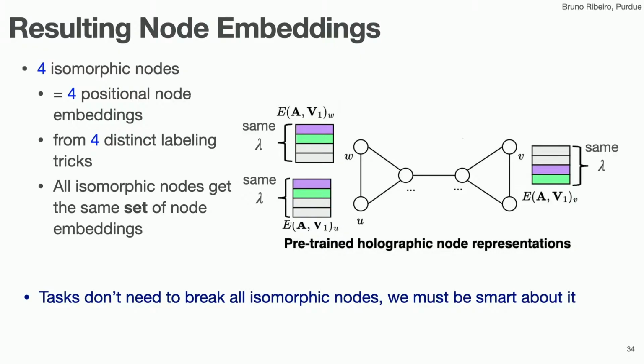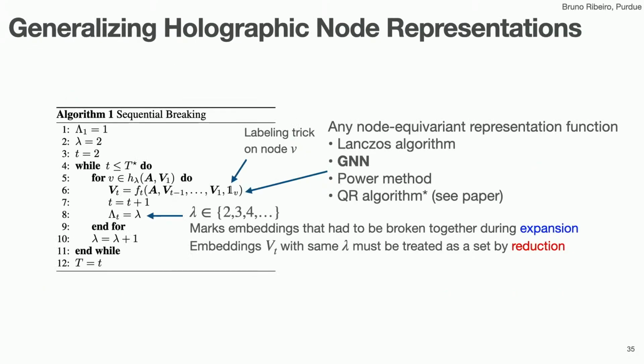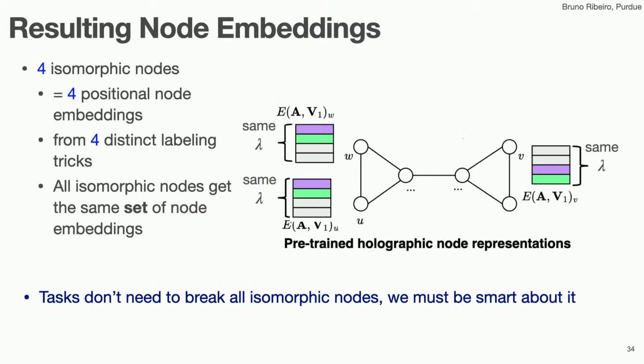by perturbing the vectors. Okay, so now one interesting thing is that for a specific task, you don't need to break all the symmetries. So we can be smart about it. We don't really need to break all isomorphic nodes. And how do we generalize this idea, right? I'm talking about eigenvectors because I find it a bit simpler to explain.